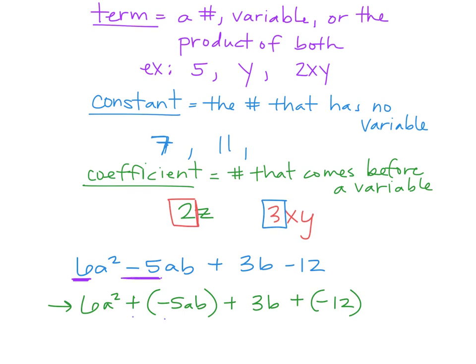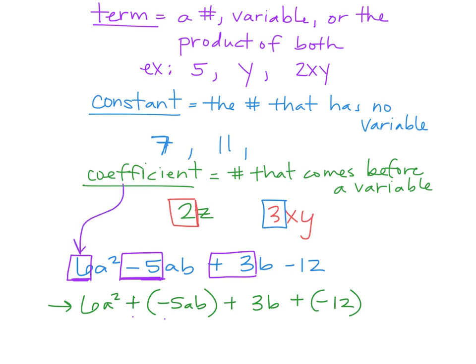So just make sure whatever sign comes before the number, you're thinking of that number as positive or negative, whatever the sign is. So this is technically a negative 5 for our coefficient. This is a 6 for our coefficient. What's the coefficient here? 3.